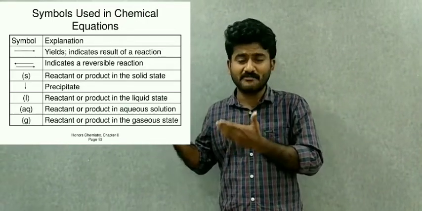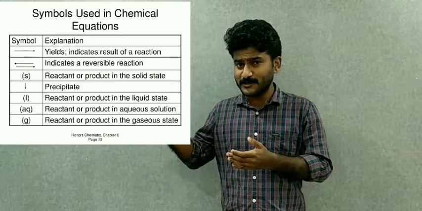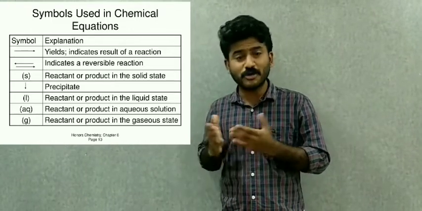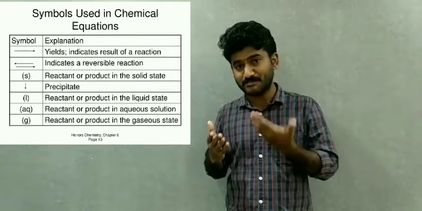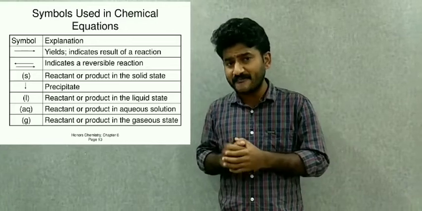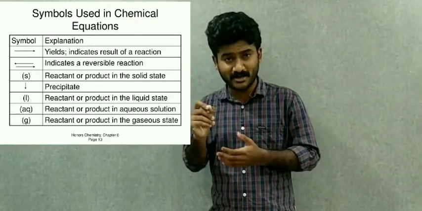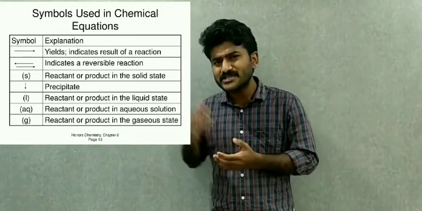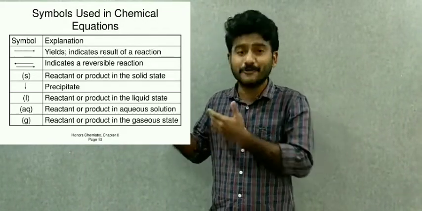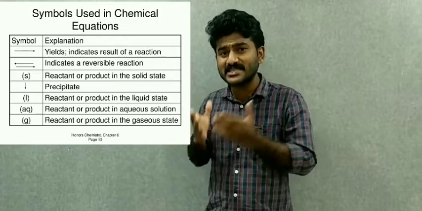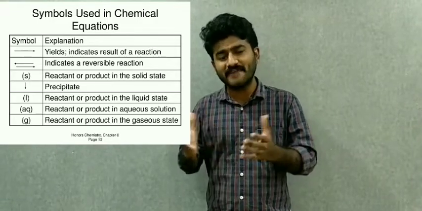AQ for representing aqueous, and a downward arrow for representing precipitation. If a precipitate is formed during a reaction, we can use a downward arrow, and we can put a triangle for representing burning. So these are some more add-ons for making the symbol equation more informative.